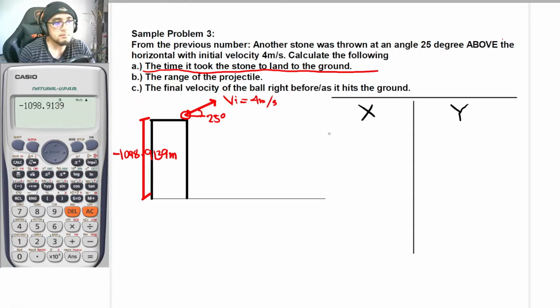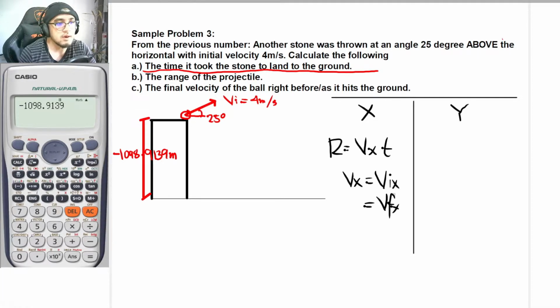So for your x component, our range is basically equal to Vix times time, where your Vix or your Vx, so let's pretend that I will be changing this to Vx times time. Your Vx is constant throughout, so your Vix is equal to your Vfx.